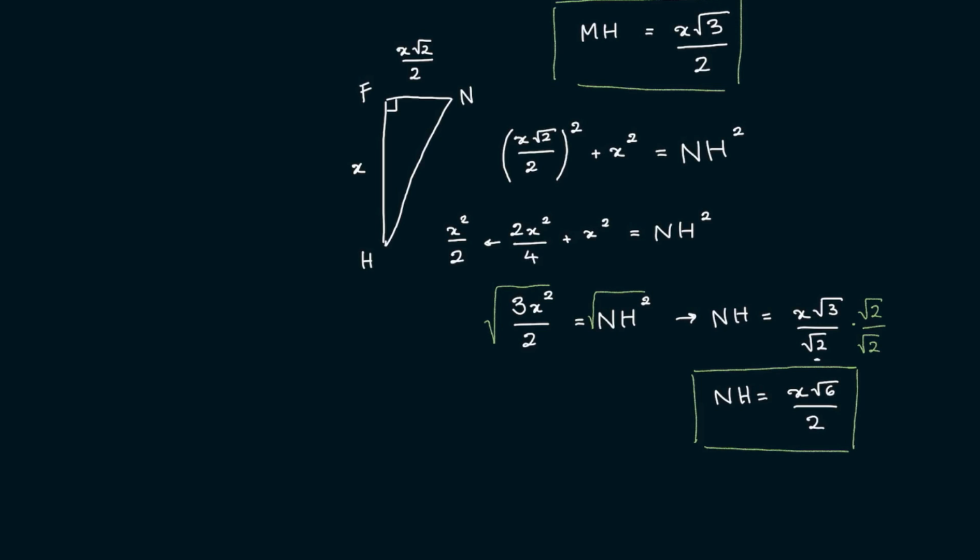Right. Now, if I draw it here, this is M, this is A, and this is N. Now we said that AM is x over 2, and AN was x root 2 over 2.